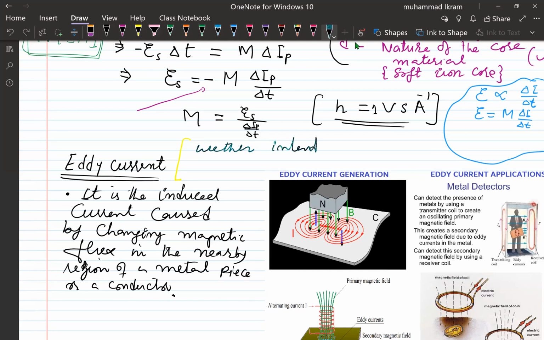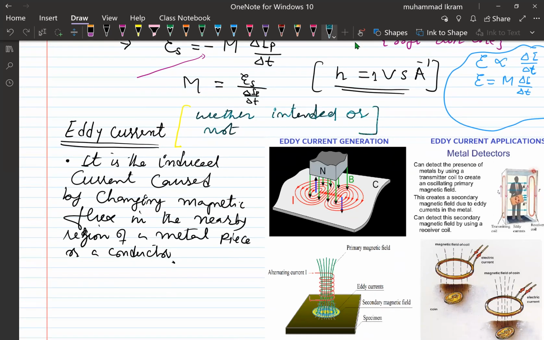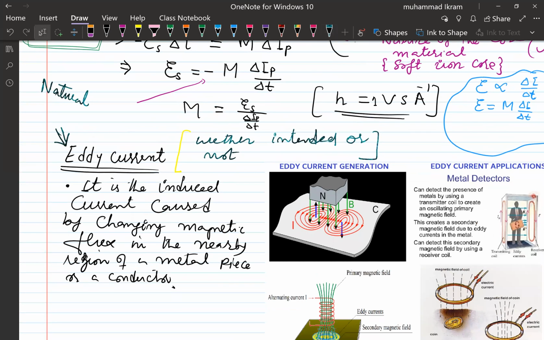Your choice is not here, because it is all natural. This is the intrinsic property of the changing magnetic flux, that it would induce EMF whenever it is in the nearby region of a conductor or coil.